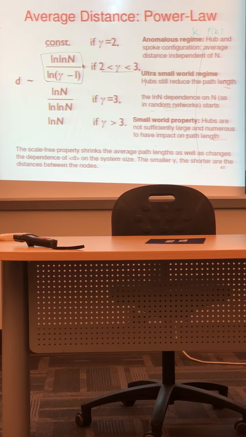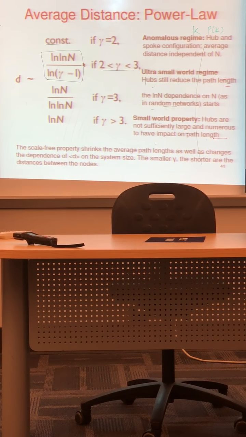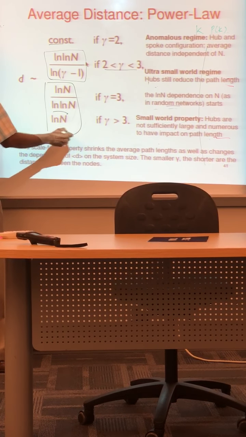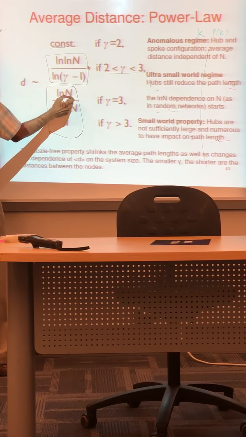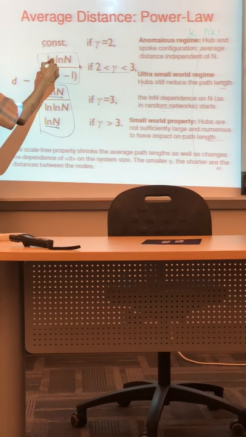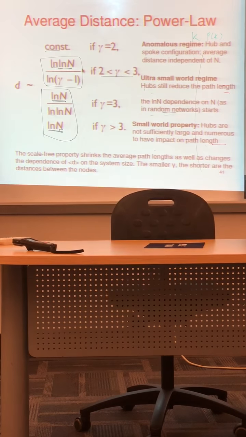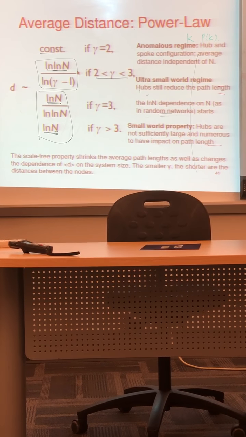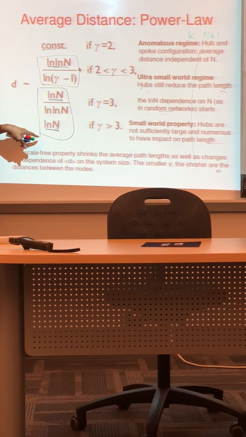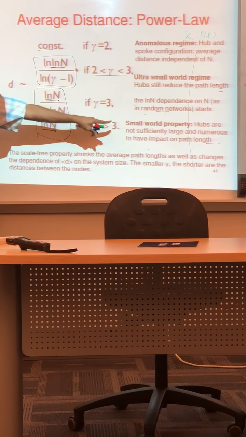Now, these two cases you have log n in the numerator. This is just log n. This case you have log n. So if the average path length is proportional to log n, then we say the network exhibits the small world property.